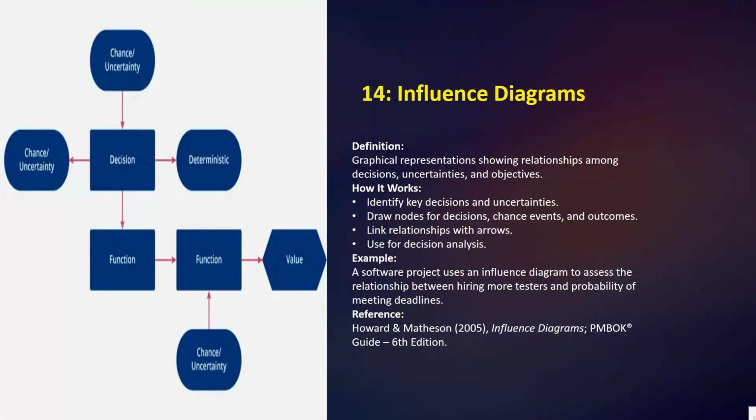So this visual map provides a clear picture of causes and effects. Then it helps you to analyze how your choices or unexpected events might impact the final results. Okay, so next we have the example: a software product uses an influence diagram to assess the relationship between hiring more testers and the probability of meeting deadlines.